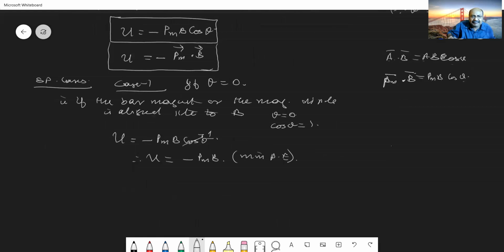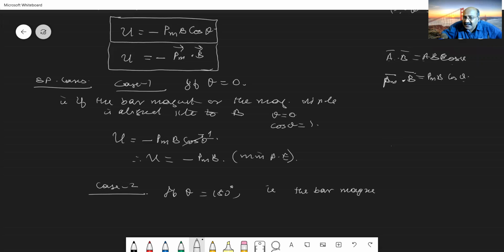But at the same time, let us consider case 2. What is case 2? If theta is equal to 180 degrees, what will happen? Theta equal to 180 degrees means the Bohr magnet is aligned anti-parallel to the magnetic field, opposite to the direction of the magnetic field B. What is cos theta?